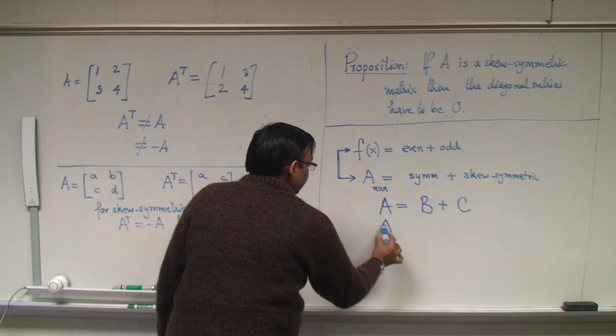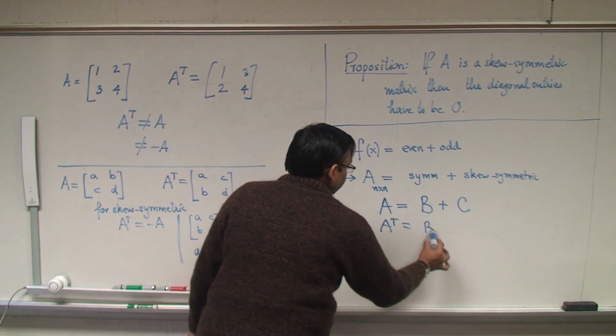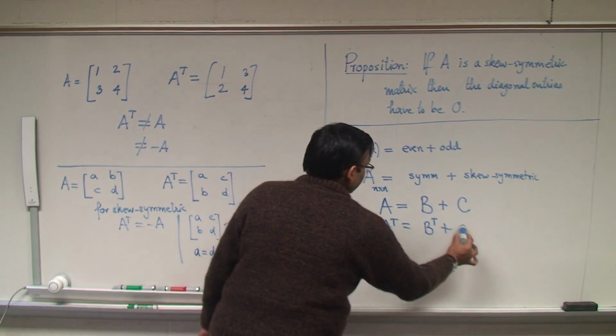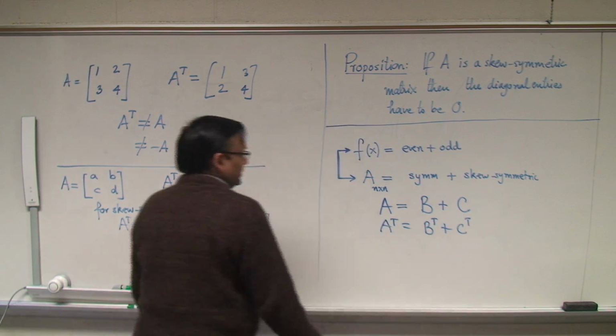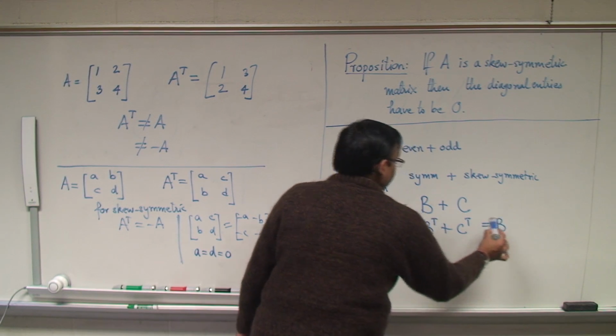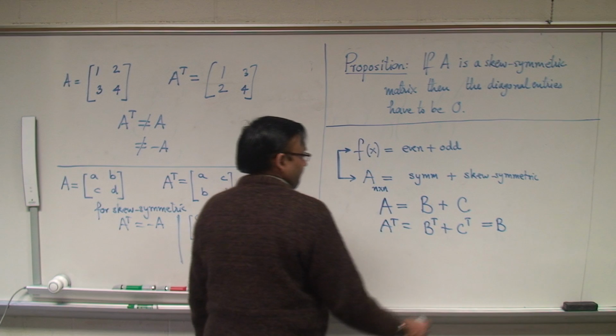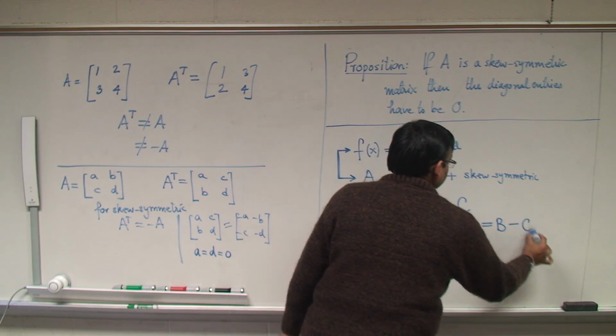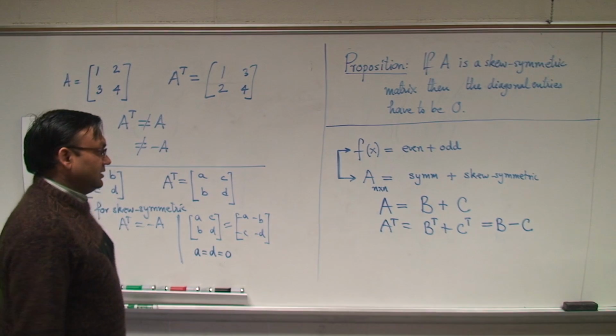Let's see what A transpose is. A transpose would be B transpose plus C transpose. But didn't we say that B is symmetric? So B transpose must be B. And C transpose would be minus C because C is skew-symmetric.